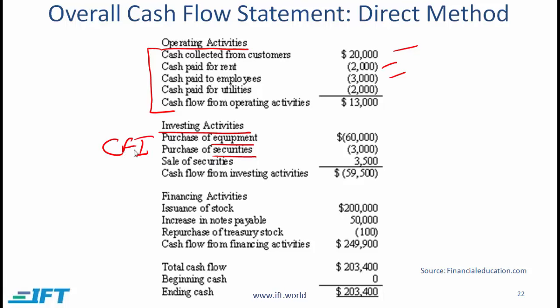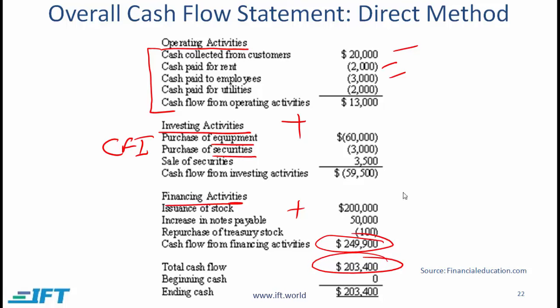So this is CFI. And then financing activities: issues of stock, increases in notes payable, that means borrowing went up, repurchase of treasury stock, this is money going out to the shareholders. Cash flow from financing activities, net amount, is given right here. You add all these together and that's the total cash flow.